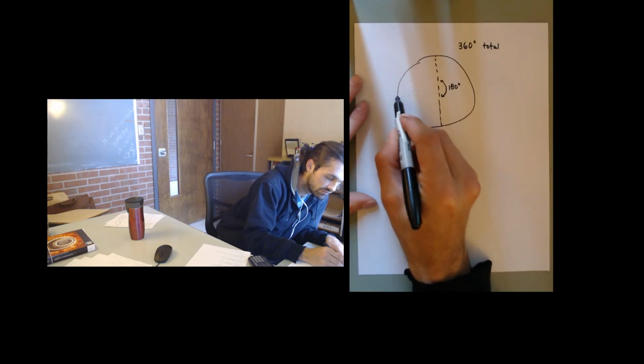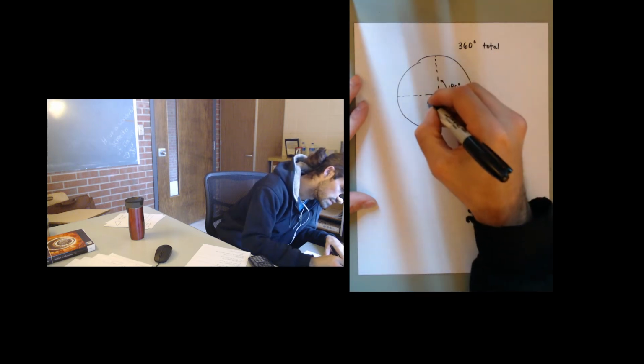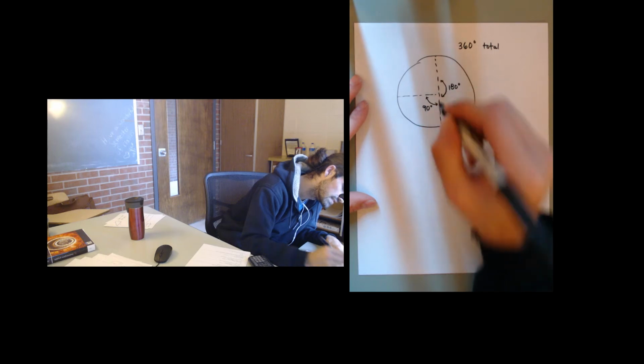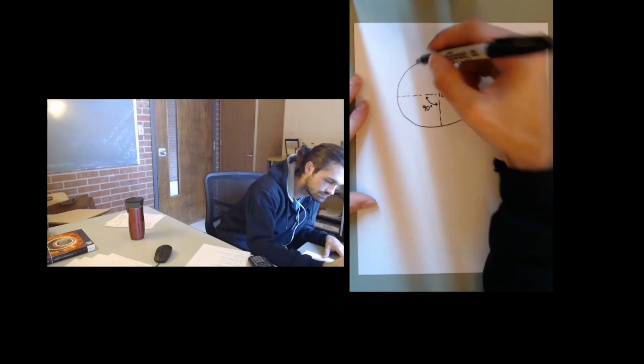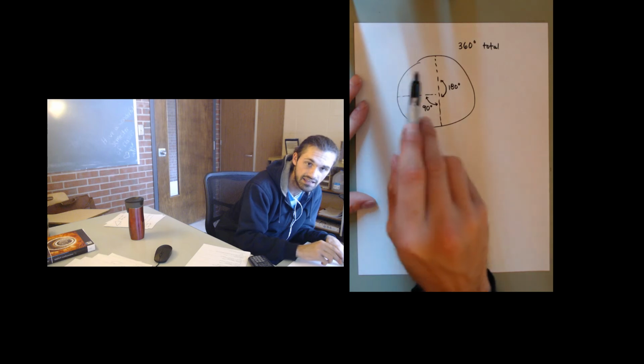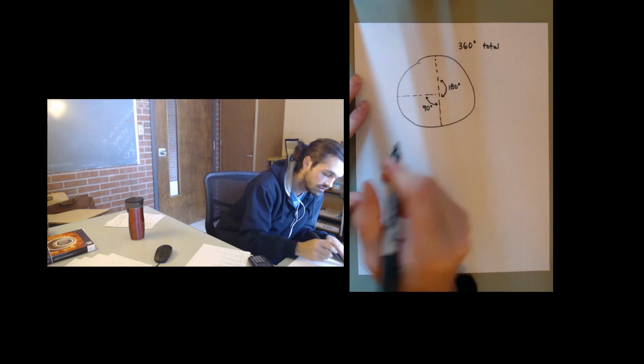Similarly, a quarter of the circle is 90 degrees. And you can keep playing this game of dissecting the circle.